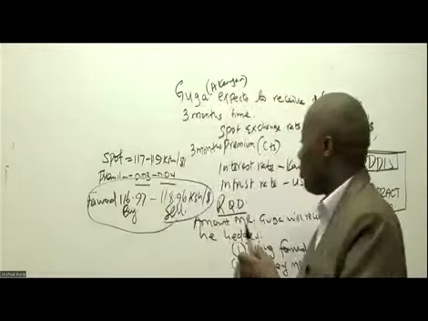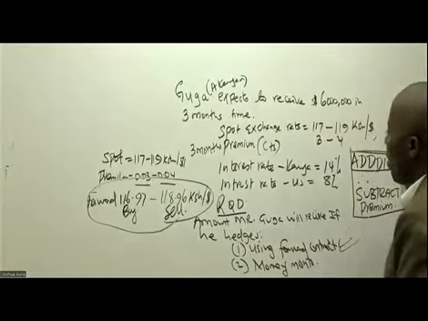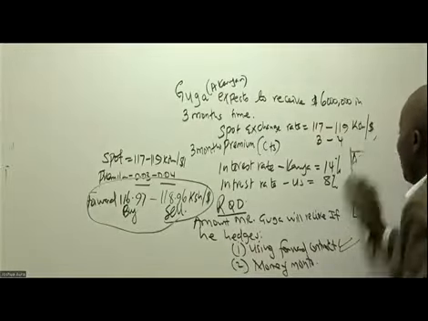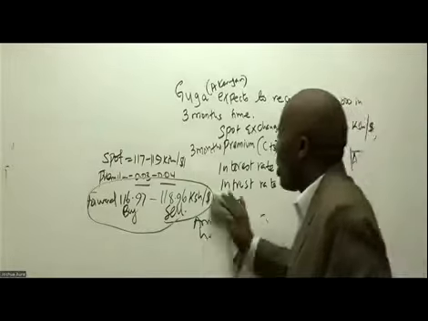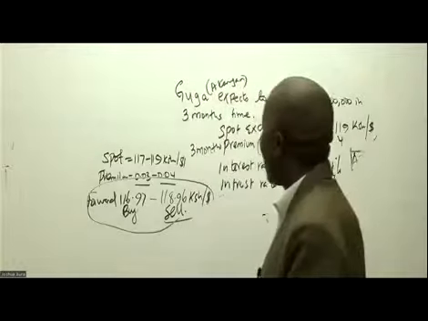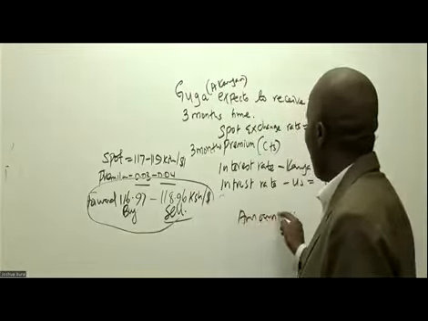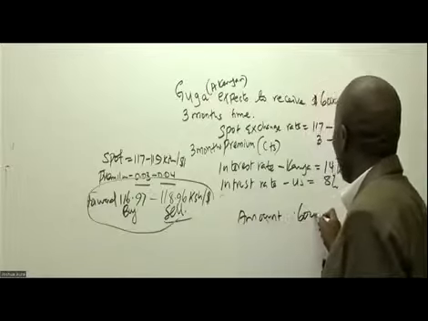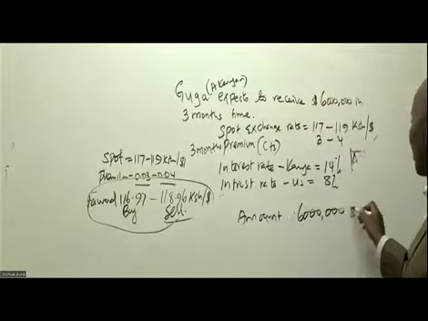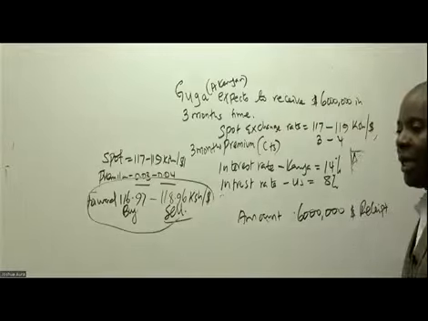Now, ladies and gentlemen, I know what to do here. When it comes to forward contract, I need two things. Number one, the amount. The amount in this case is $6 million, which happens to be a receivable or a receipt.